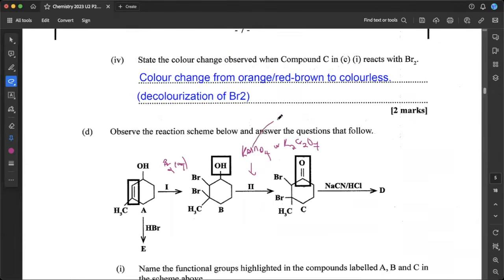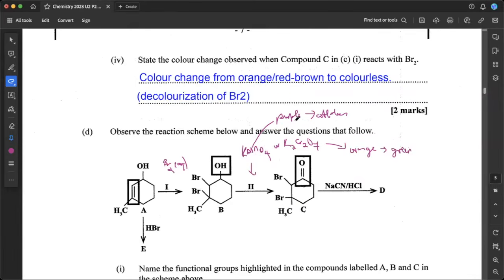This is going to change from what? Purple to colorless, right? Purple to colorless is what we would see as we go from B to C. And if we were to use potassium dichromate as our oxidizing agent, we'd go from orange to green, okay?